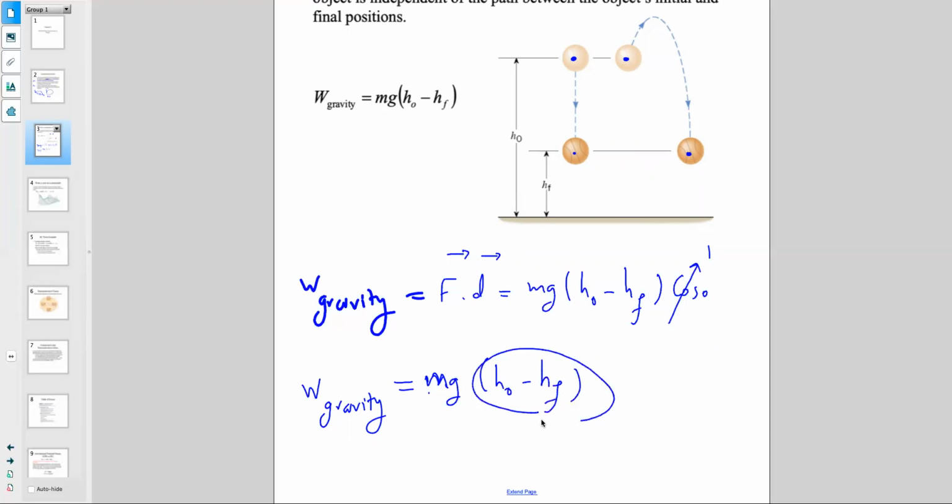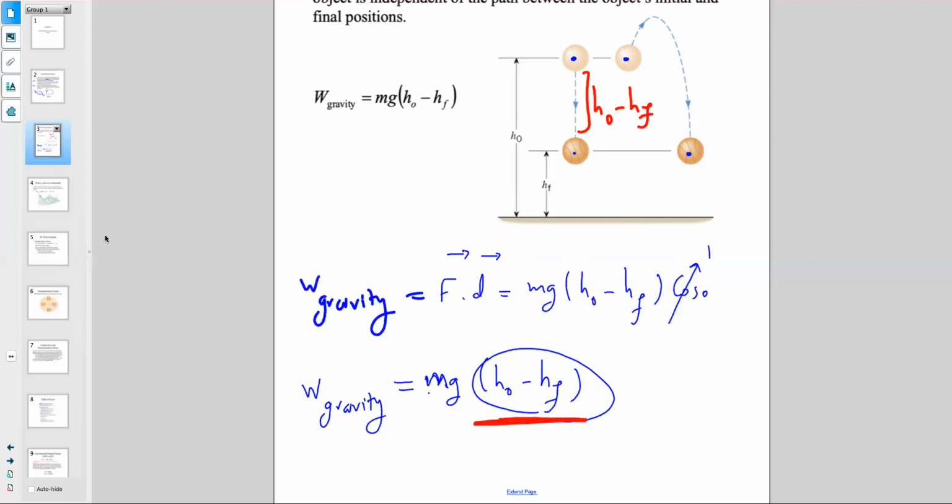This is the change in the height. So, in other words, if I want to show it here, this is h0, or h initial, minus h final. That's the displacement that we have right here.